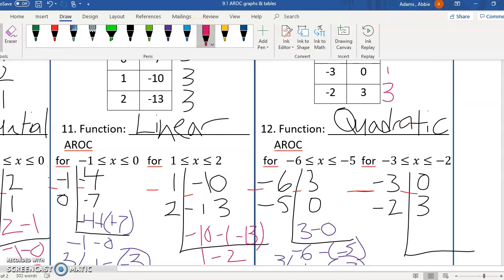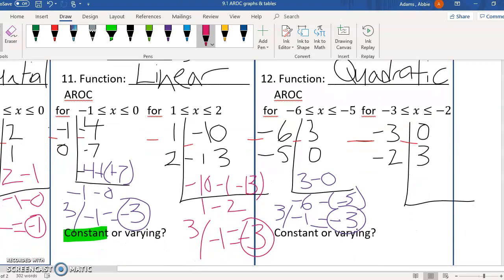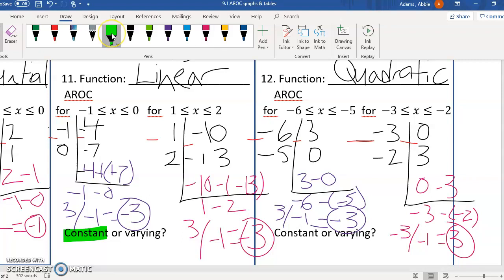So for my numerator, I've got 0 minus 3, and that's divided by negative 3 minus negative 2. That's going to give me negative 3 divided by negative 1, which is a positive 3. All right, negative 3 does not equal 3, so therefore this is a varying function.